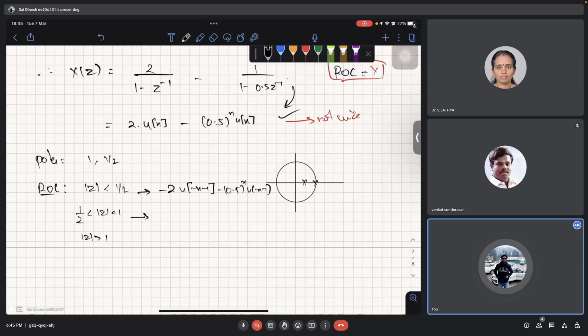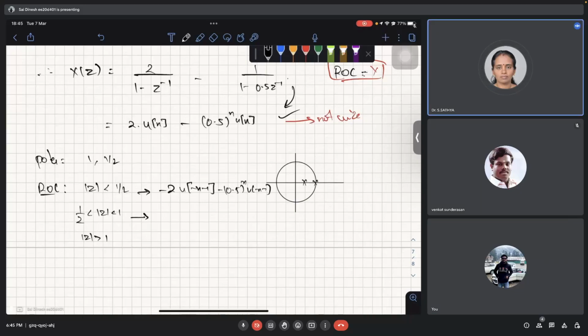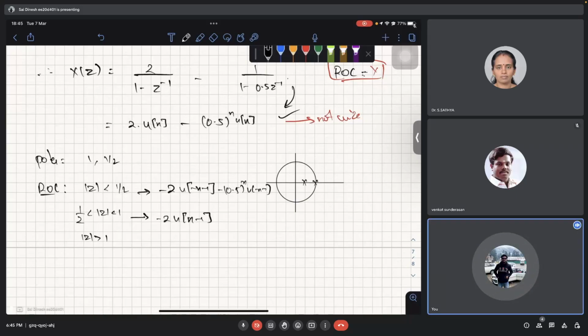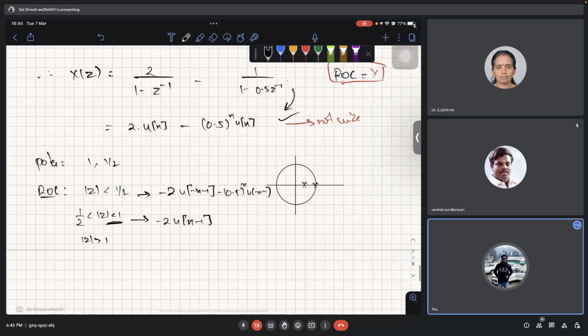For the next one, it is less than 1, so u of minus n minus 1 for that part, but since the other part is right-sided, that will be 0.5 power n into u of n. For mod z greater than 1, both will be like 2 into u of n minus 0.5 power n into u of n. Exactly. So now it's clear.